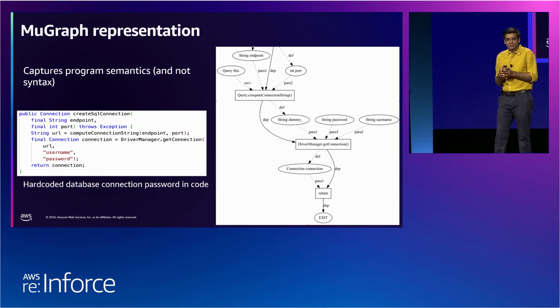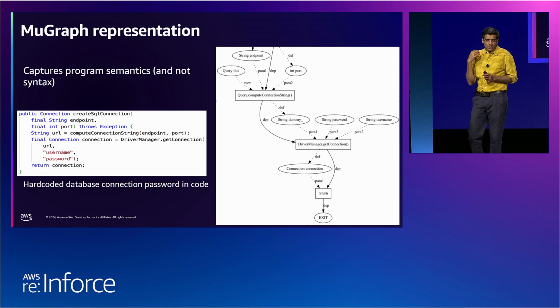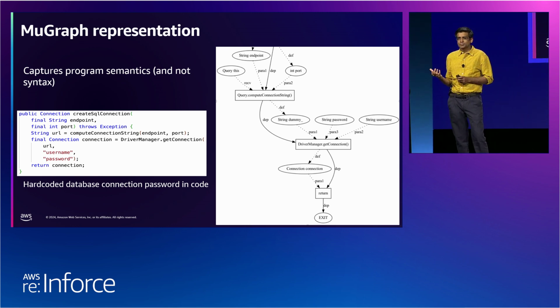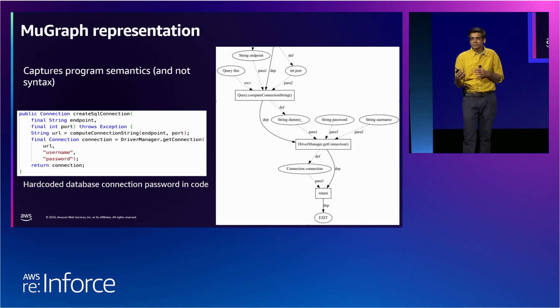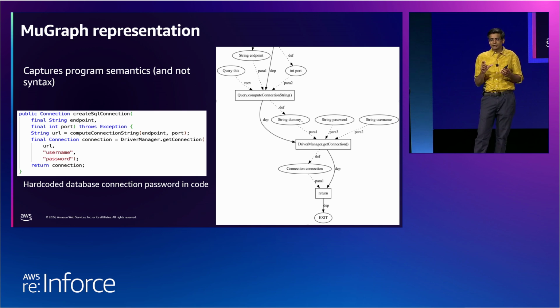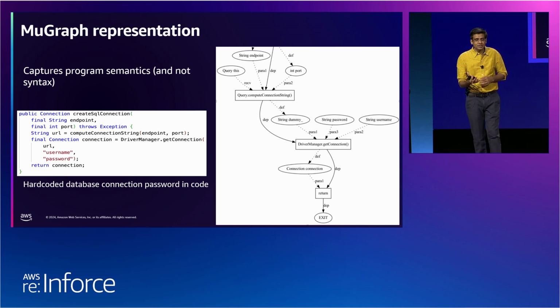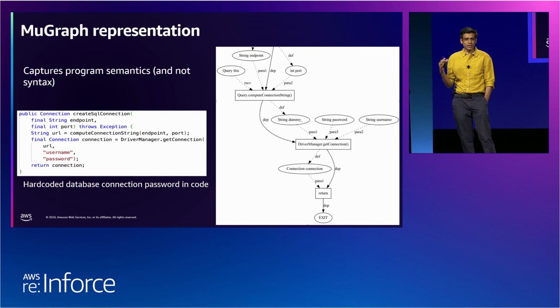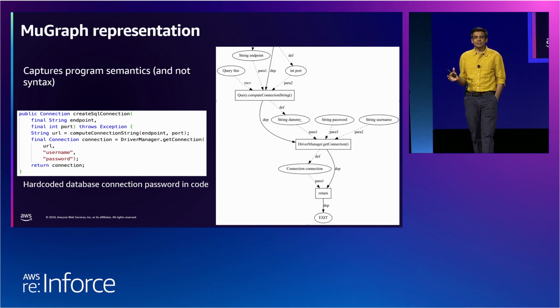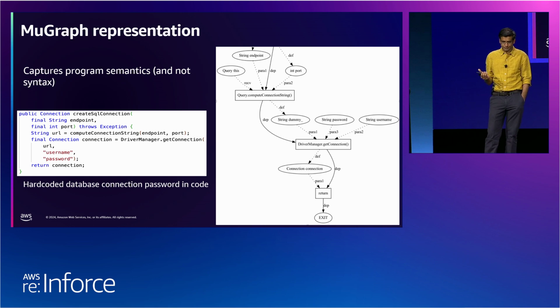In this example, the developer is storing the output of the URL that is returned by the compute connection string method into a named variable. It's a very small difference, but by using a named variable, the syntax of the method is completely changed. It's very different. But in terms of the semantics, there is no behavioral change.